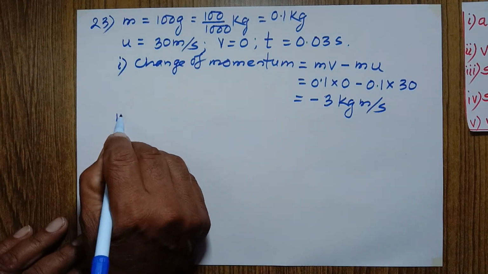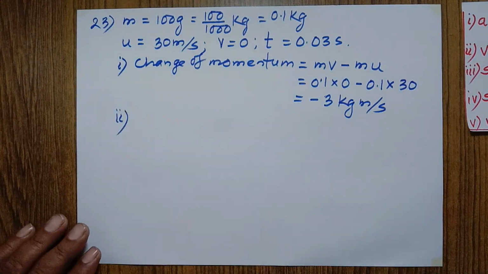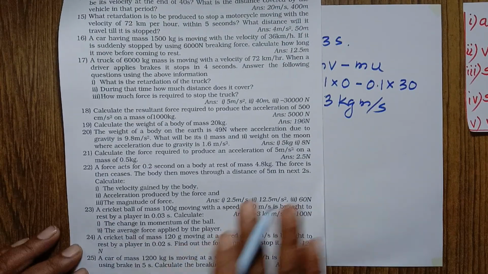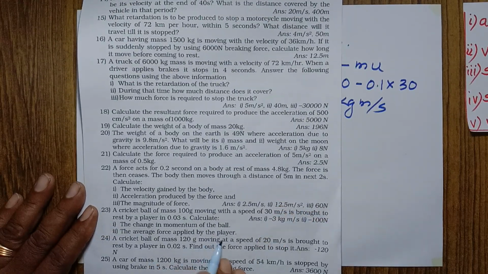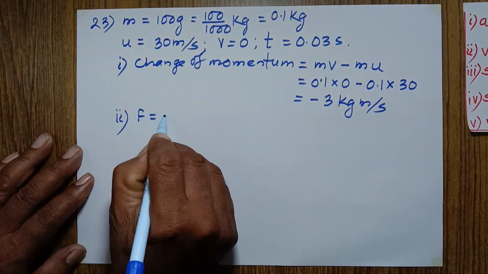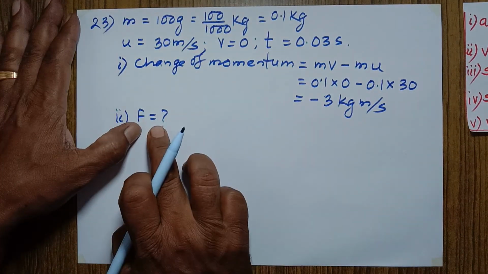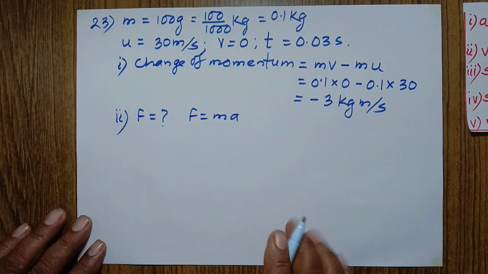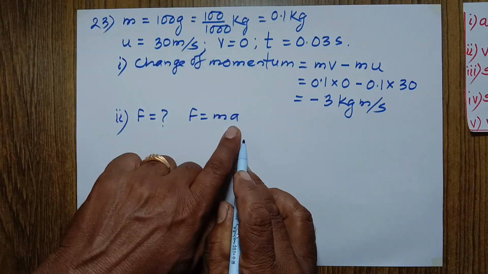Now let's go to the second point. What is asked in question number 2? The average force applied by the player. It means force applied by the player. For force, we need to use F equal to ma. M is given, but a is missing.